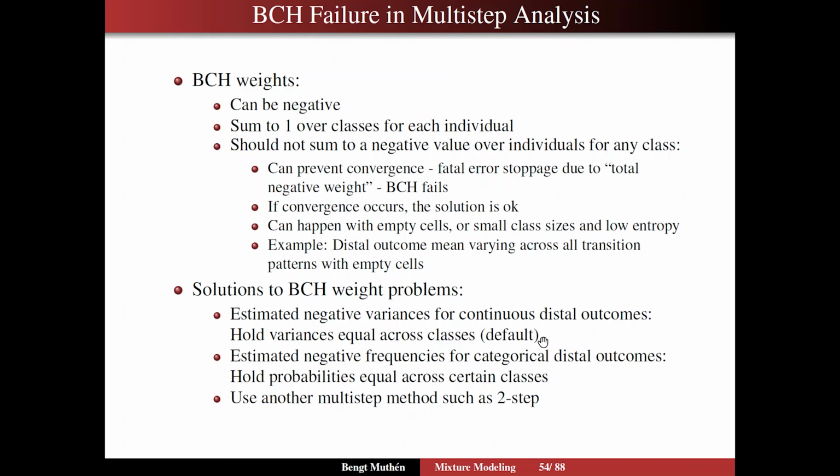But if you specify them as unequal, some of them may turn out negative. To avoid that, you can hold them equal across classes again. You can also have the problem of estimated negative frequencies for categorical distal outcomes. You don't want negative frequencies. So in that case, you may want to hold probabilities equal across certain classes to avoid that. Or you can use another multi-step method such as two-step.